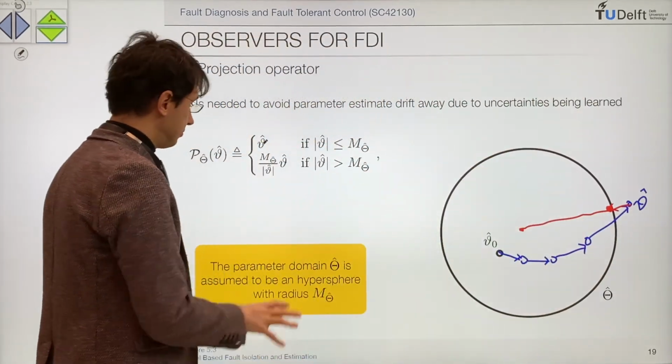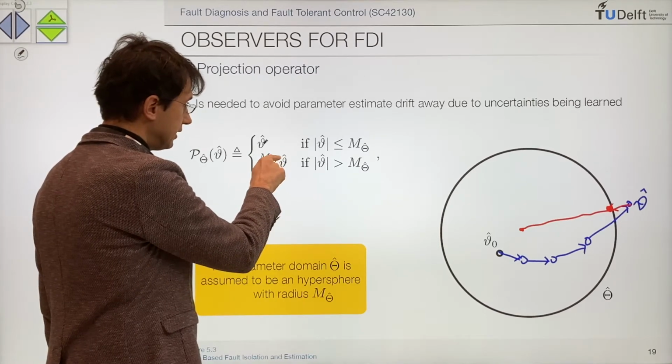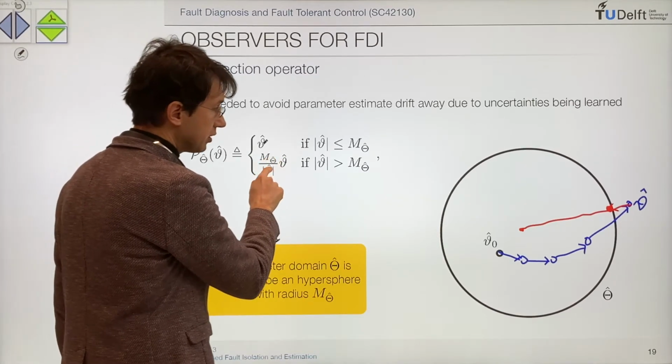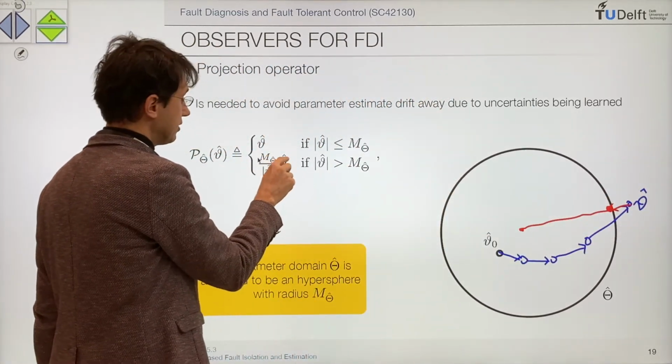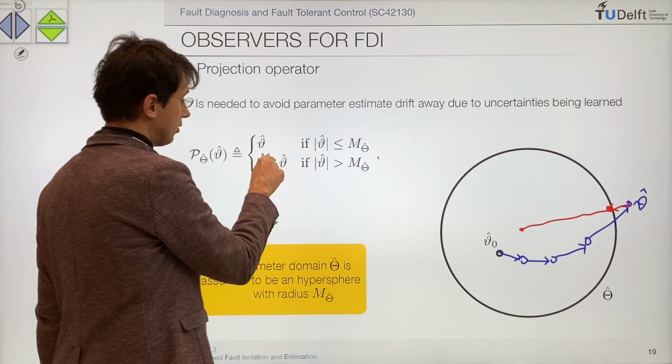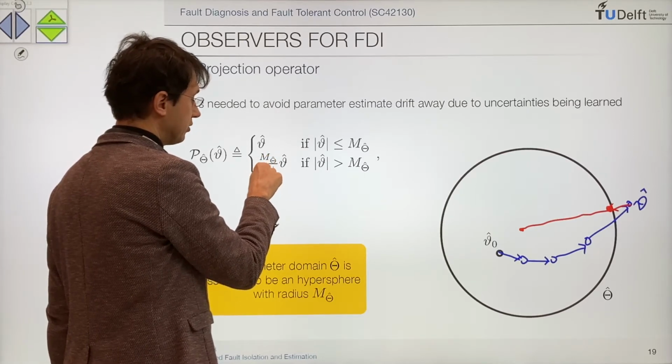Because indeed, this is what we are doing. We are taking theta hat, that is a vector, so the direction of theta hat, and we are rescaling it by this ratio, so m theta hat divided by the magnitude of theta hat.